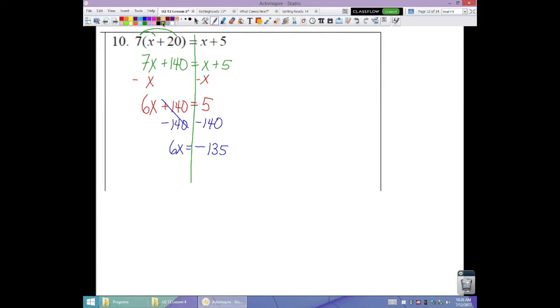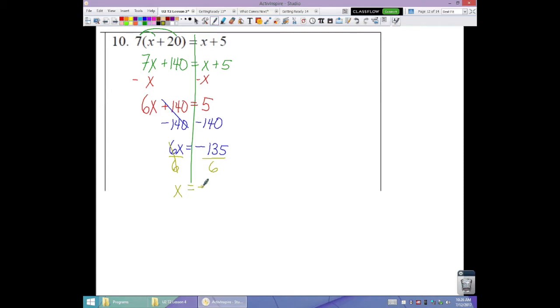Now, back in your younger days, you would have said, hey, I can't divide both sides by 6 because 6 doesn't go into 135. We've grown out of that now. We know that every number can divide every other number. So x is equal to, it's going to be negative. And if we reduce 135 over 6, let's see. 3 can go into both of those.